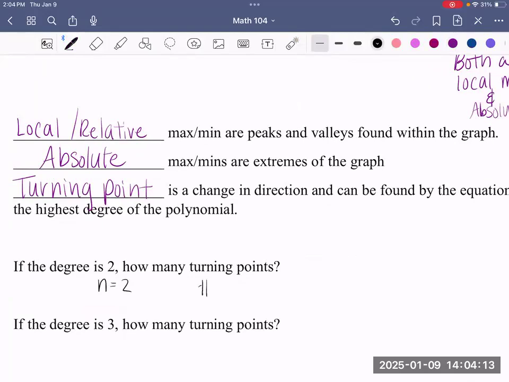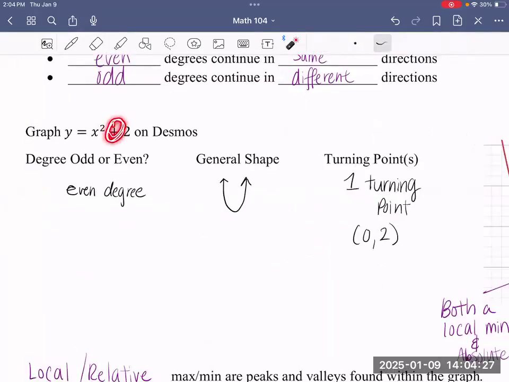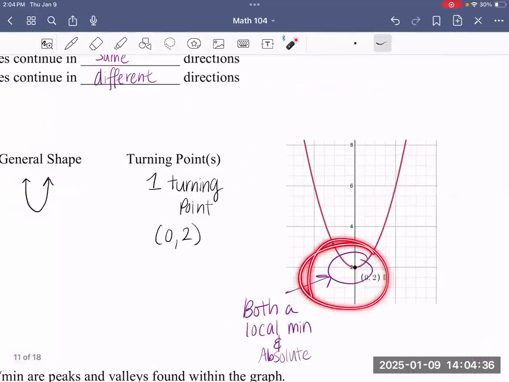The number of turns is equal to n minus 1, 2 minus 1, which is equal to only 1 turn, which we can see here, which is super apparent. Even if we had another x term here, it would have to be less than 1. So we have your degree of 2, and this can only have 1 turning point. And there you go, 1 turning point.